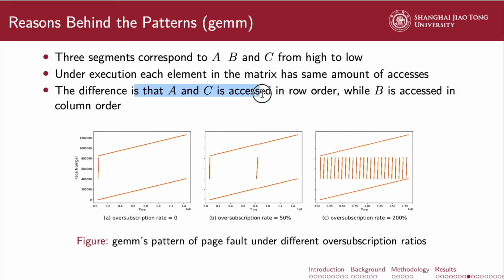For A and C, the elements are accessed row-wise, but B is accessed column-wise, and the irregularity of memory access makes pages in B more likely to fault.